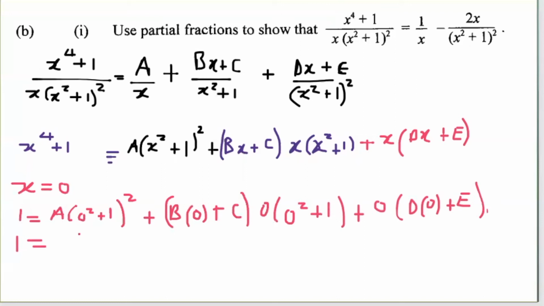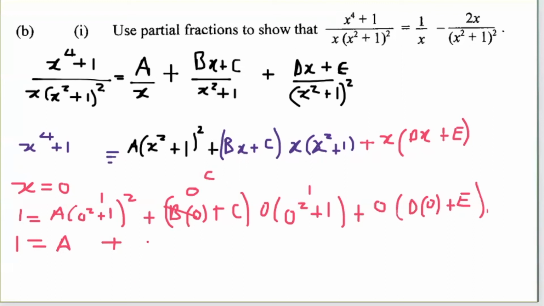So 0 squared plus 1, that's 1. So 1 squared is 1, so 1 times a is a. Then here b times 0, that's 0, so that's gone. 0 squared is 0 plus 1, that's 1. So 1 times 0 is 0, 0 plus c is c, so this is c times 0.